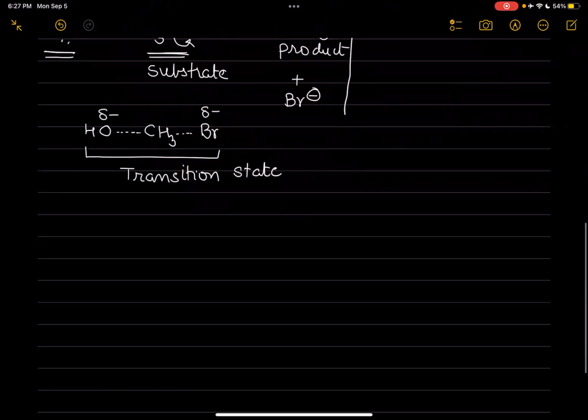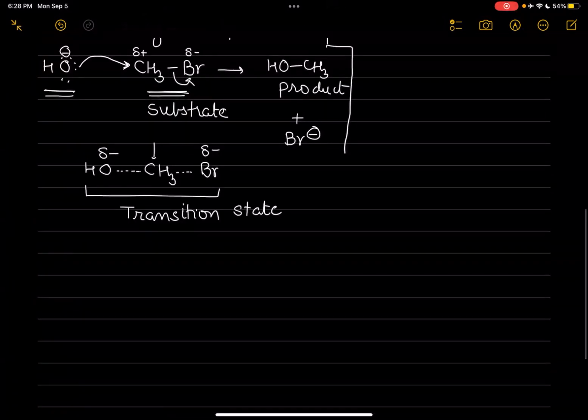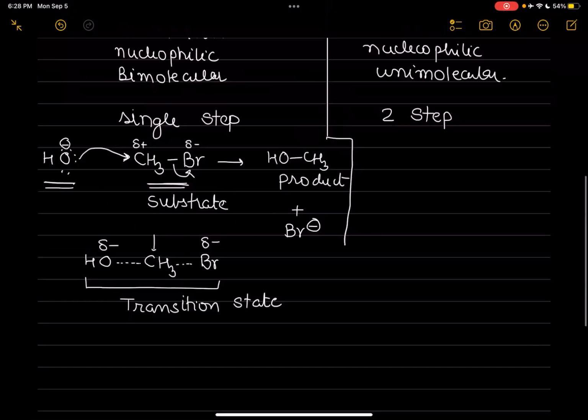Okay, what is the hybridization of the carbon atom? Remember, hybridization of carbon. Any idea? No, sir. Okay, it is actually tetrahedral.